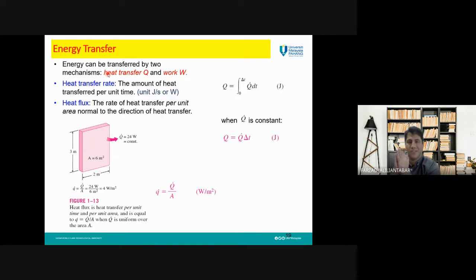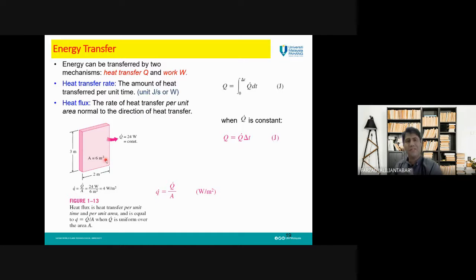Imagine heat or thermal energy is like cars, and we have a road. How many cars are on the road is important, because it tells you how much the traffic is. Here also heat flux is important, which is the rate of heat transfer per unit area normal to the direction of the heat transfer, like what you can see here.